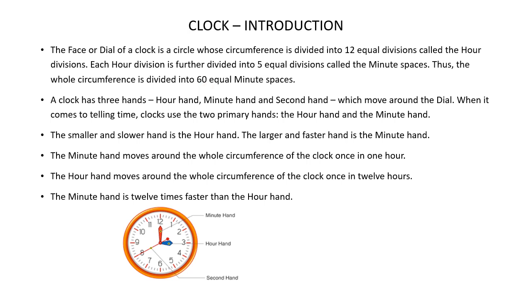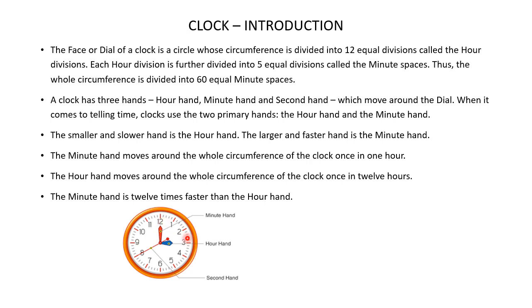Look at this diagram of a clock. Now, this is the face of the clock, which is a circle. Now, as you can see here, this circumference of the clock is divided into 12 equal divisions called the hour divisions. Now, as you can see, each hour division is divided into 5 equal divisions called the minute spaces.